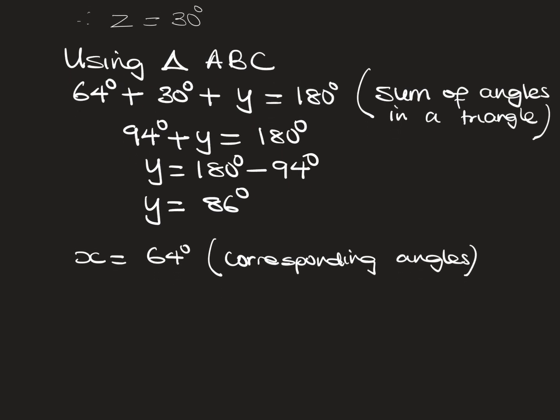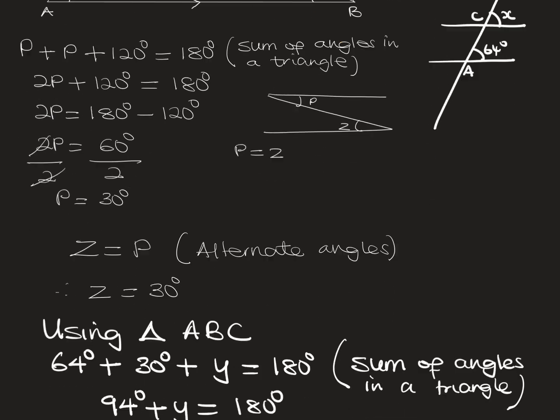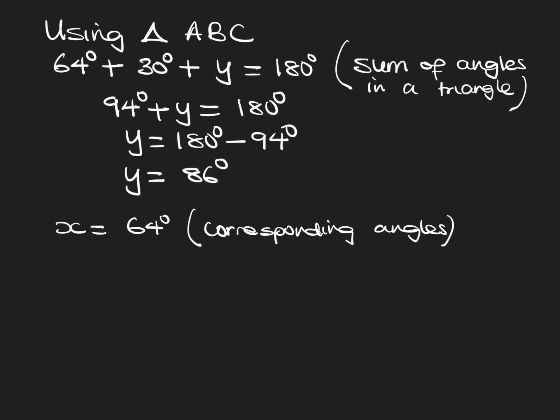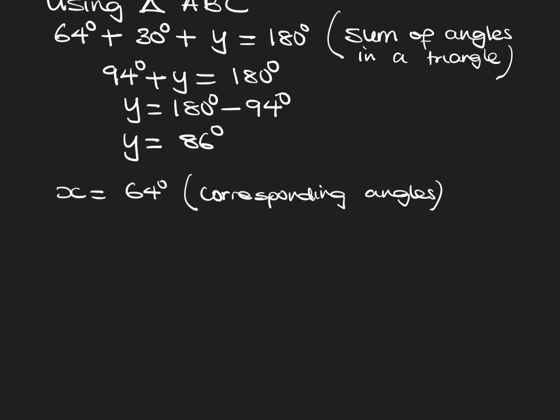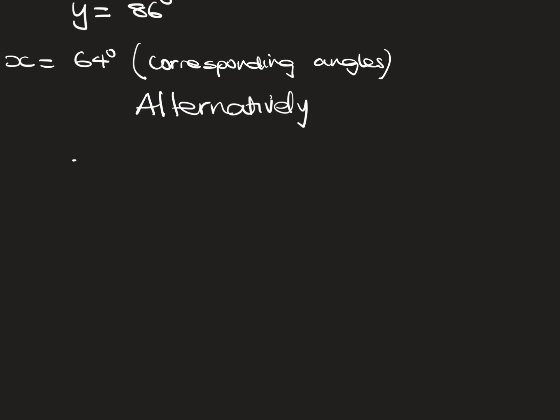Okay, but alternatively, we've said that if we consider this line here, we have X, P, and Y, okay? So they will make up 180 degrees because of angles on a straight line. X plus P plus Y equals 180 degrees because of the sum of angles on a straight line.